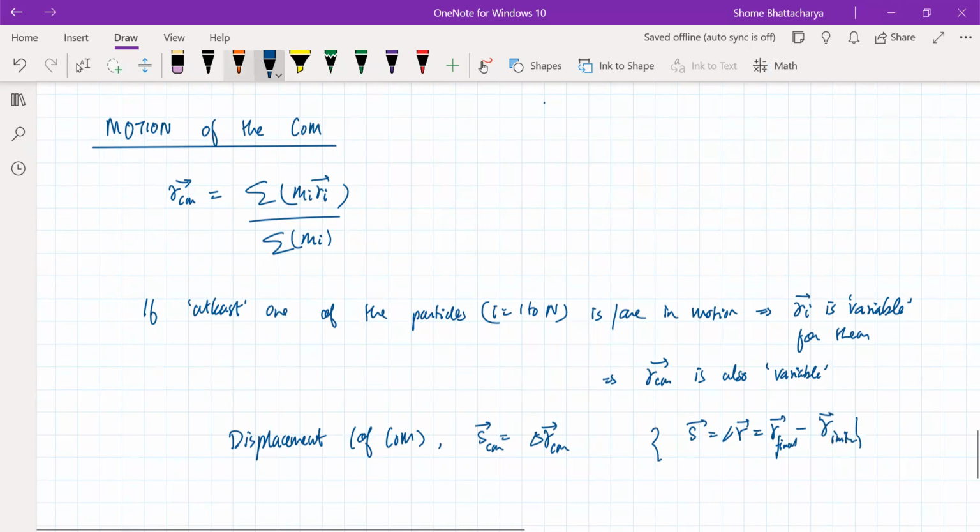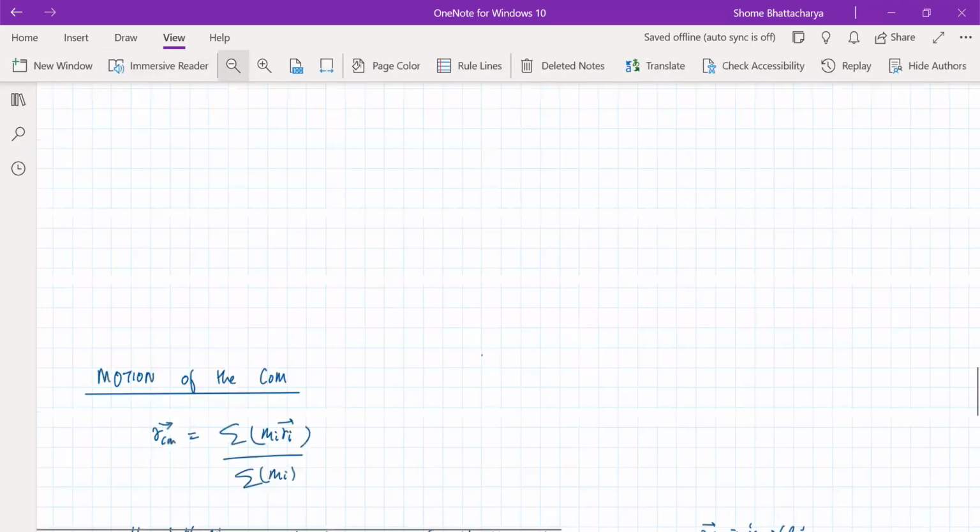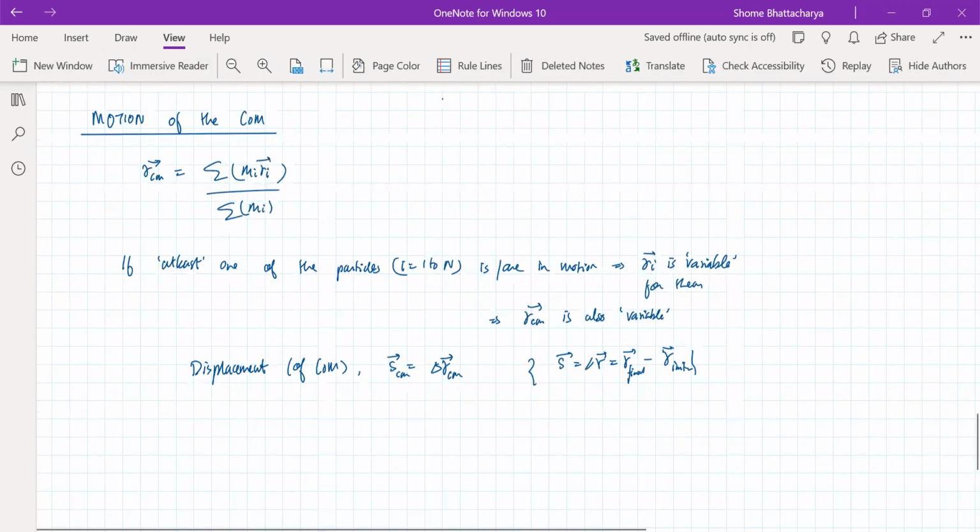So applying that definition to this situation now, we can see that the displacement S of the center of mass becomes delta or change in the weighted mean of the individual positions. Okay. So summation mr divided by summation m.